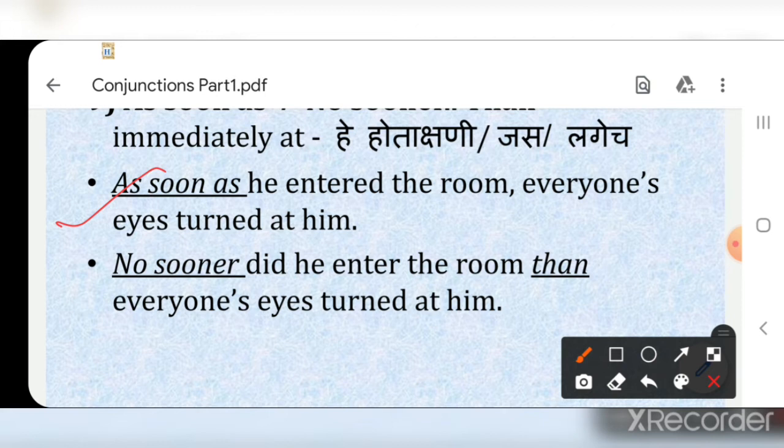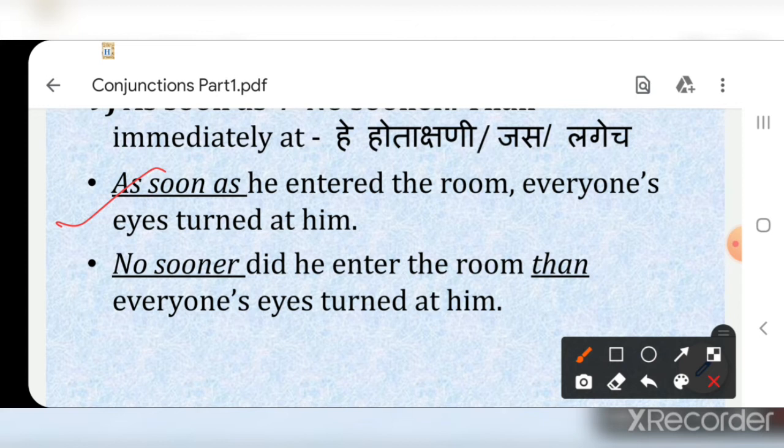Then after first sentence you have to use comma and then another sentence related to that. Okay, as soon as he entered the room, that means when he entered the room, immediately after that everyone's eyes turned at him. That is its meaning.